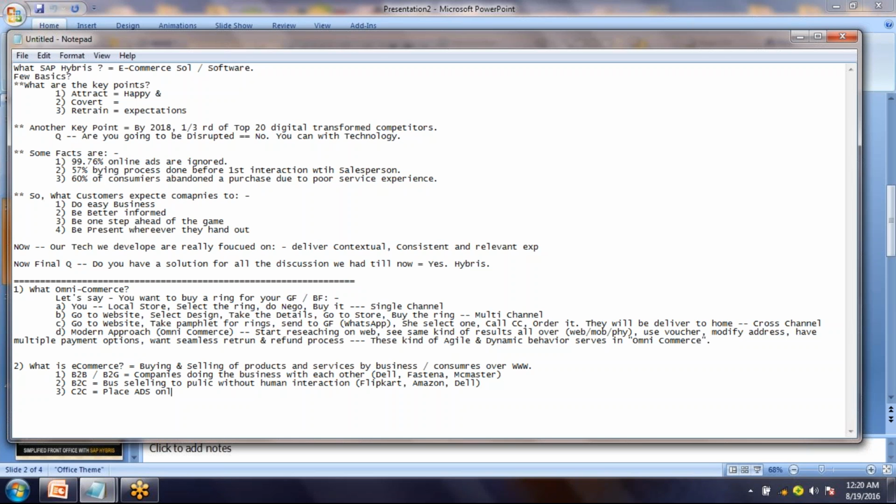Place ads online where individuals can buy and sell goods. You go and place online ads, someone will see it and they will buy it. And eBay. These are some of the examples for C2C e-commerce.